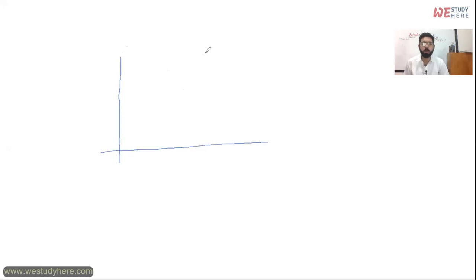So when we start to explain what speed is, you can draw the graph.